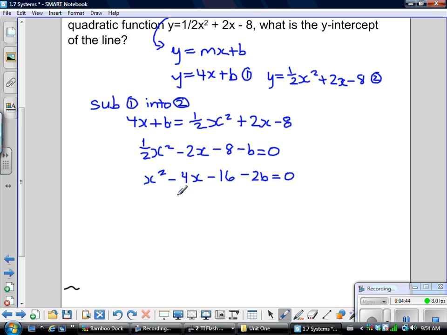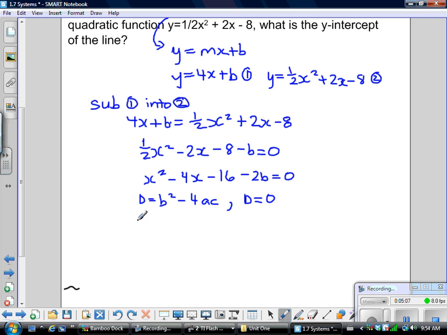Now the next step I need to do is look at the discriminant. Because I want to intersect at just one location, a tangent line, I want my discriminant equal to 0.